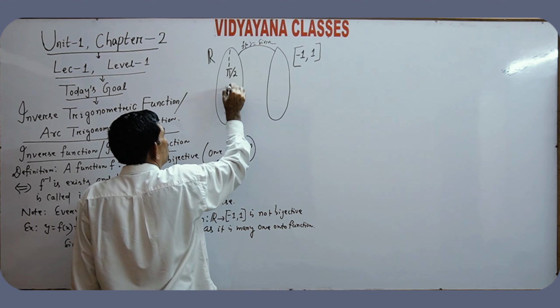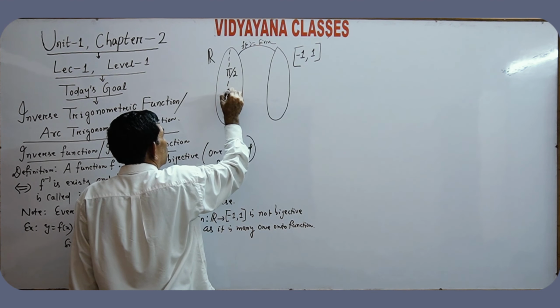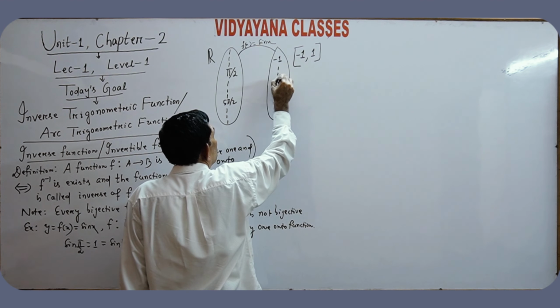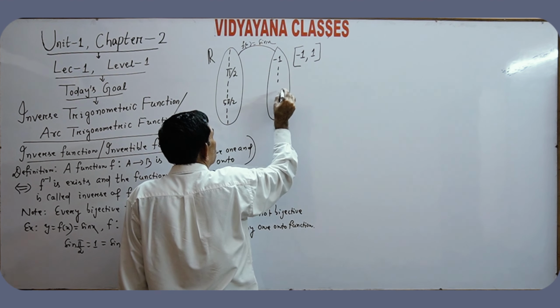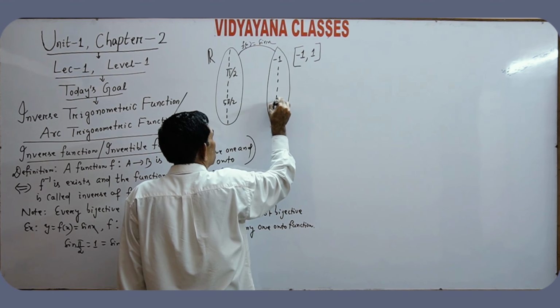Sin of minus pi by 2 is minus 1, and sin of pi by 2 is plus 1.